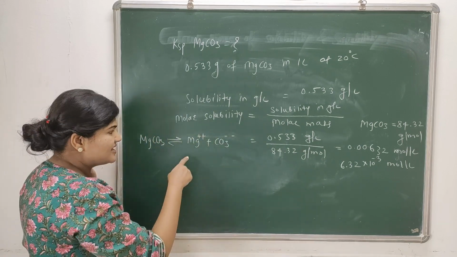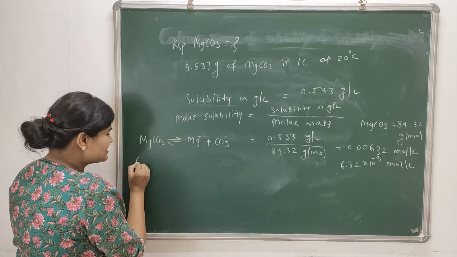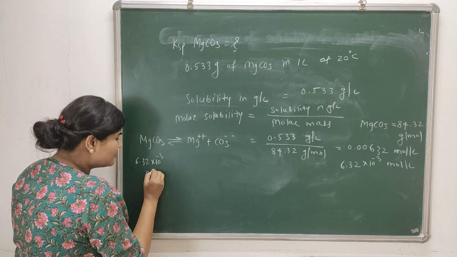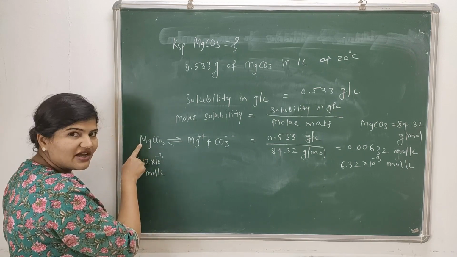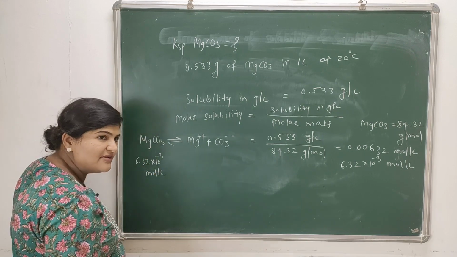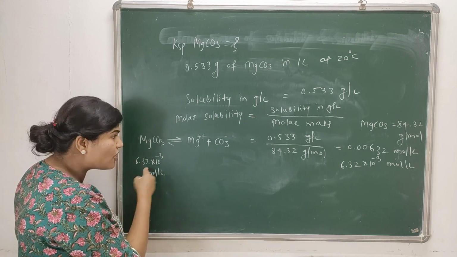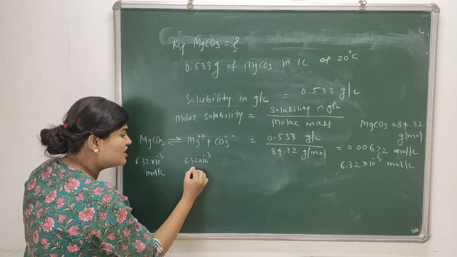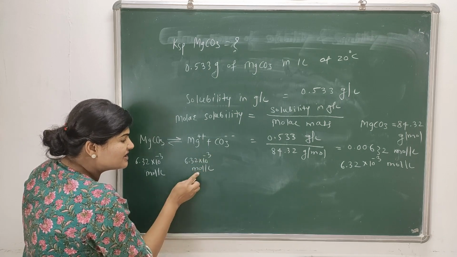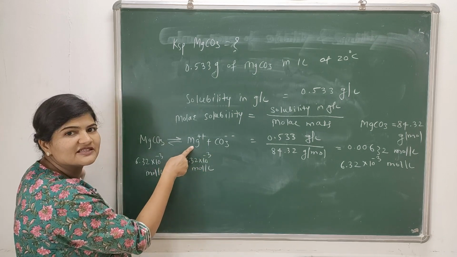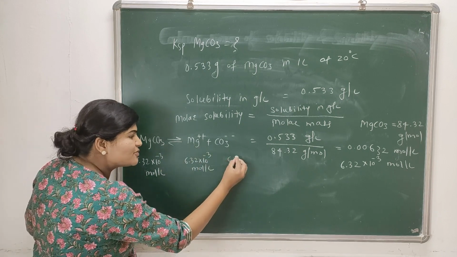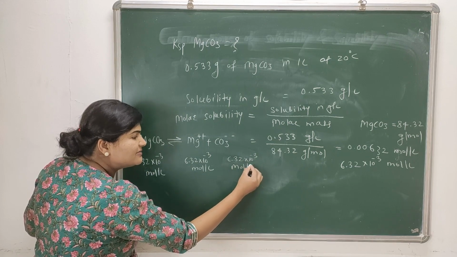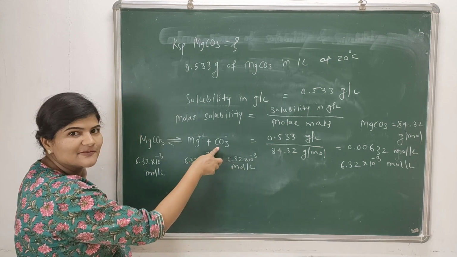So if I am dissolving 6.32 times 10 raised to minus 3 mole per liter of magnesium carbonate, then simultaneously 6.32 times 10 raised to minus 3 mole per liter will be the concentration of Mg++ ions, and the same 6.32 times 10 raised to minus 3 mole per liter will be the concentration of CO3-- ions.